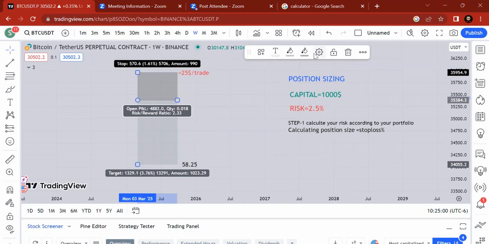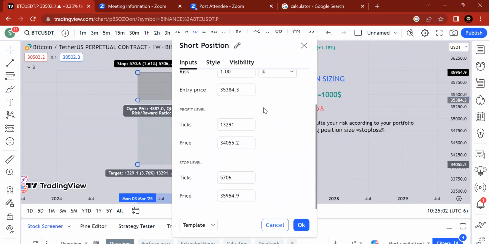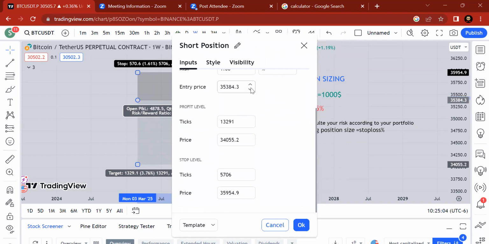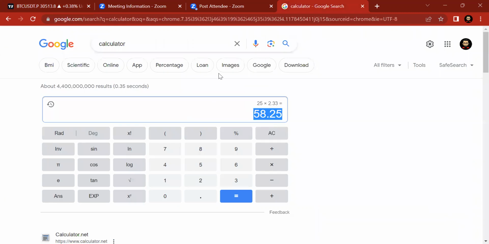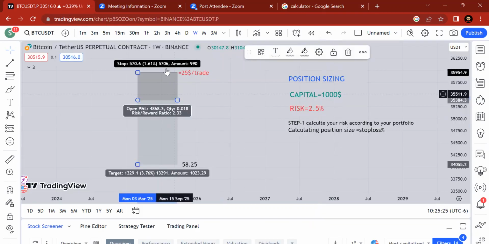Simply come here, whatever the entry price is. If you are trading Bitcoin, you put your entry price here and the stop level price here. Okay, you will get your percentage here. Simply 25 divided by that percentage, you will get some number. Put it in the exchange, put your stop loss, put your take profit, and execute it.